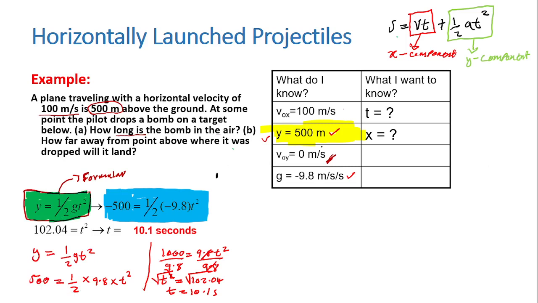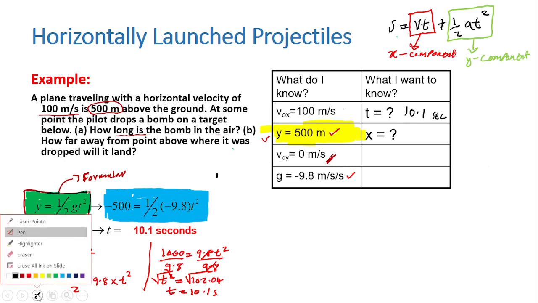So when time has been given, which is now 10.1 seconds, it's very easy for us to use this formula, this side of the x component, to find how far away.